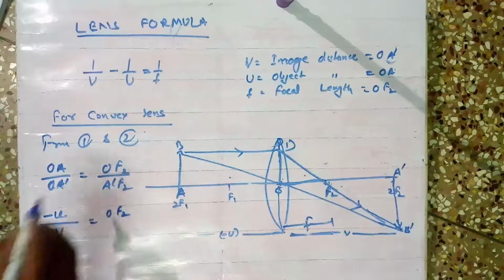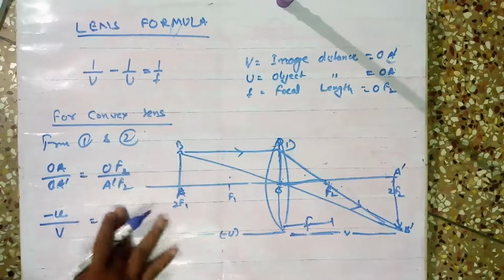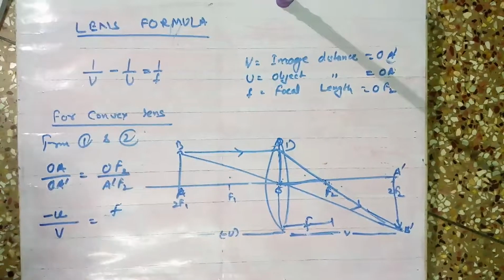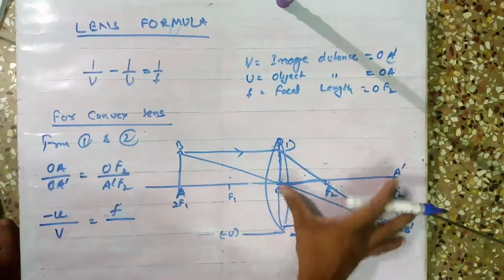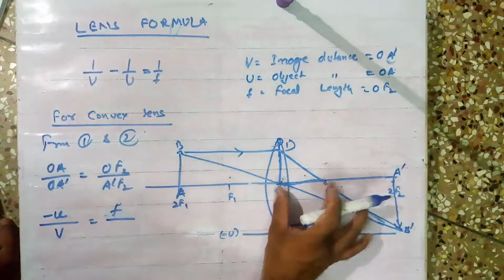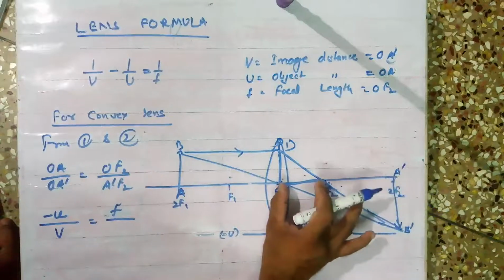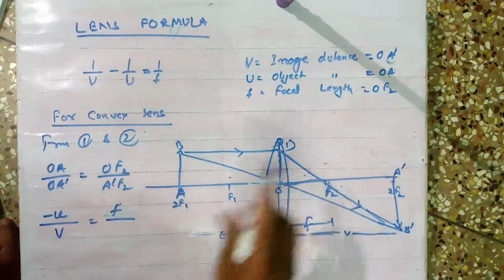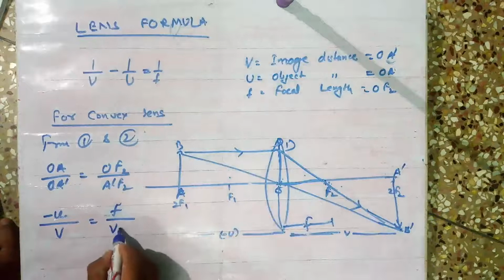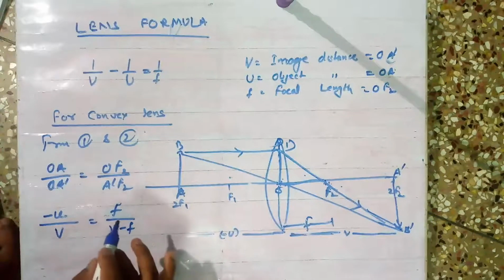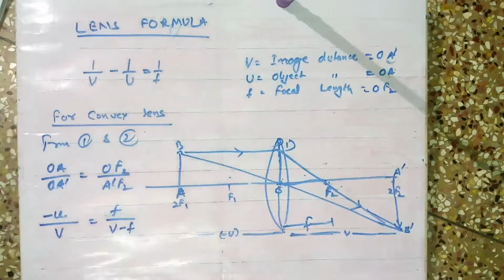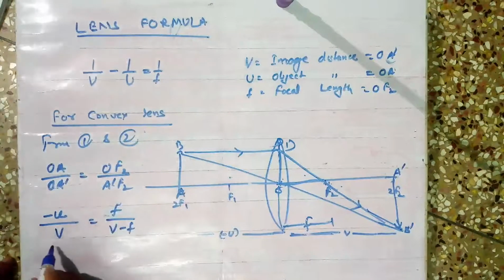OF2 is equal to, sorry, that is F, focal length, and A prime F2, this length is equal to total length minus this one. Can I do? Total is V minus F. Yes or no? V positive, F also positive. V minus F. Clear? Okay. Do the cross multiplication.